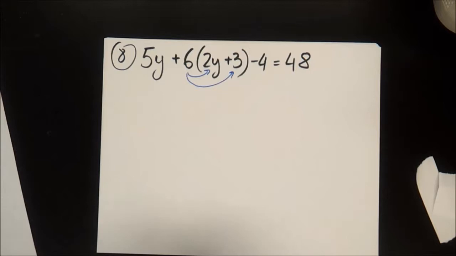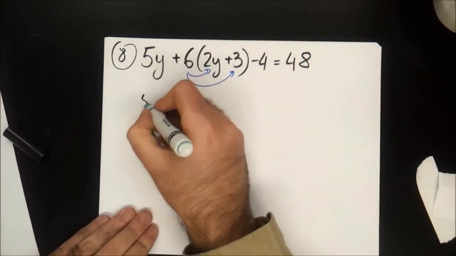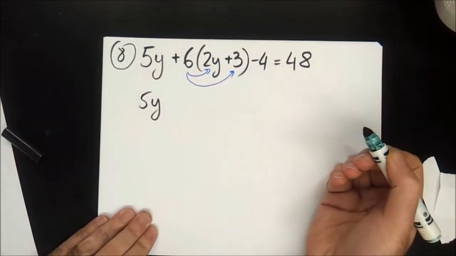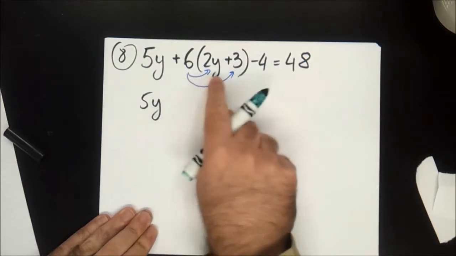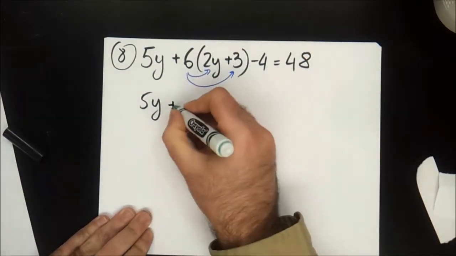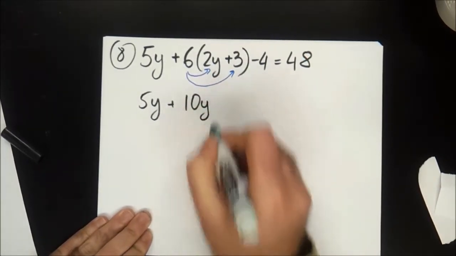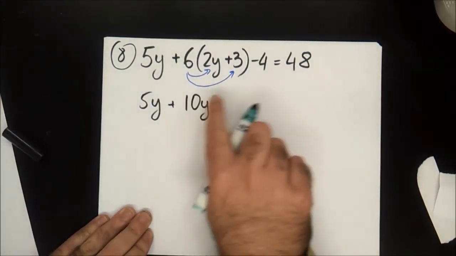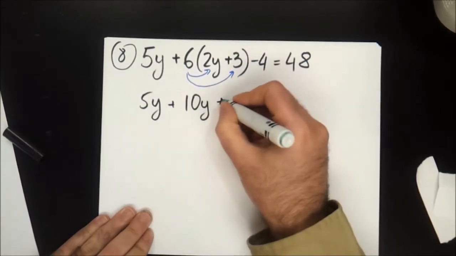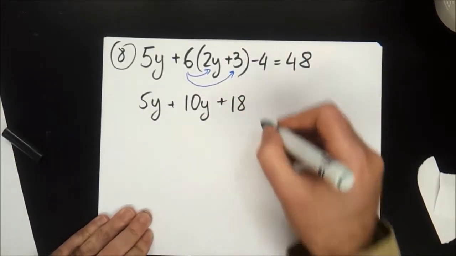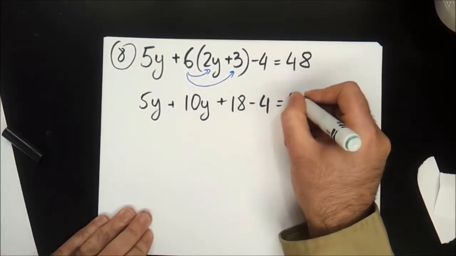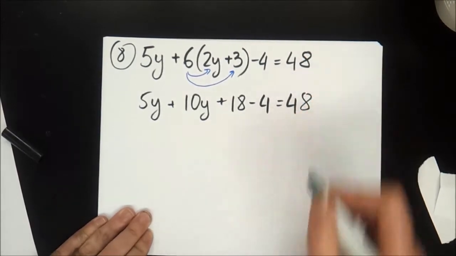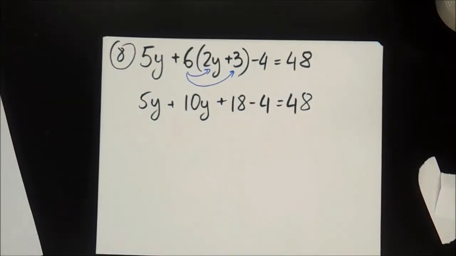Okay, I'm going to write the 5y over because nothing changes there. 6 times 2y, that's 10y. 6 times 3, that's 18. Minus 4 equals 48. Okay, time to combine our like terms.